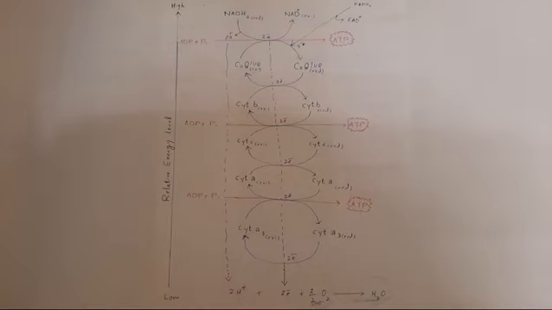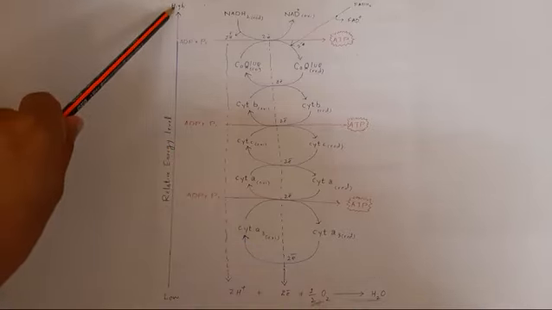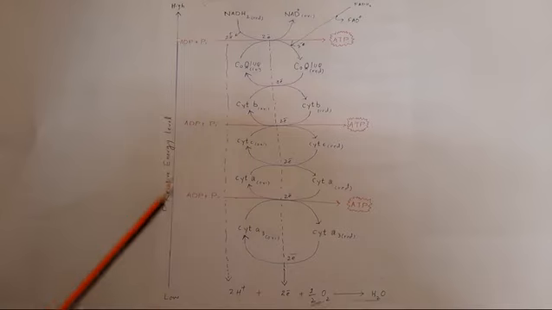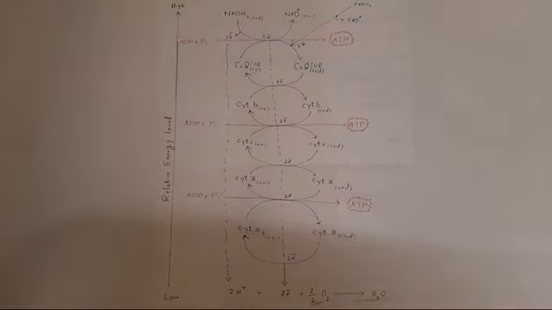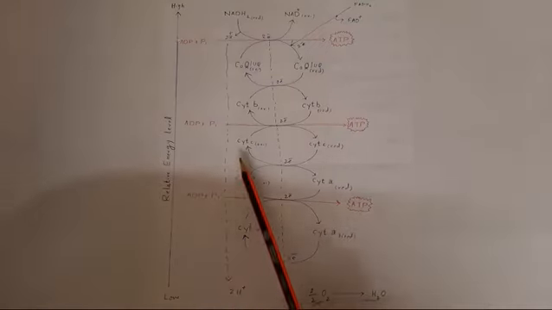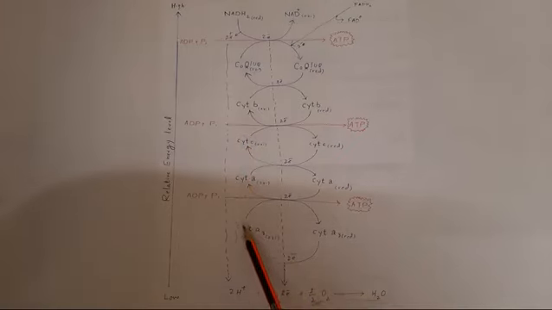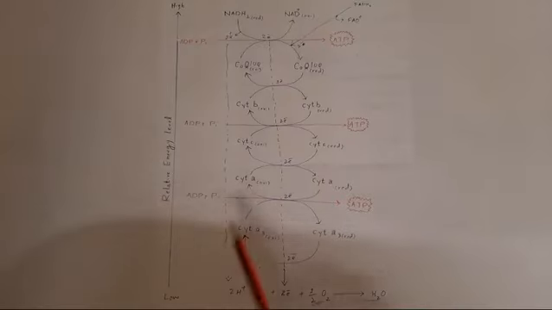This is actually an energy diagram. Look at this arrow. This shows relative energy level. So here molecules are at a high energy level, and here molecules are at a low energy level. So in the electron transport chain, each next molecule is at a lower energy level than the previous one.